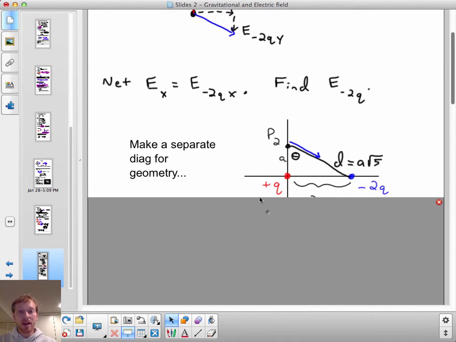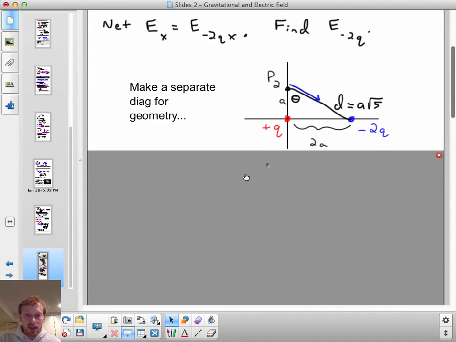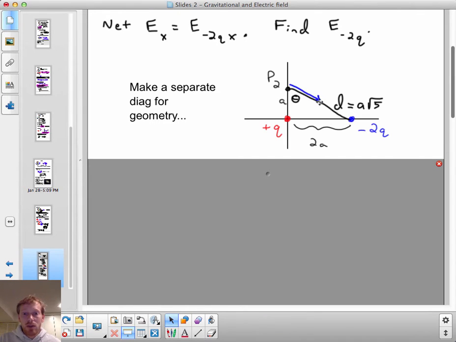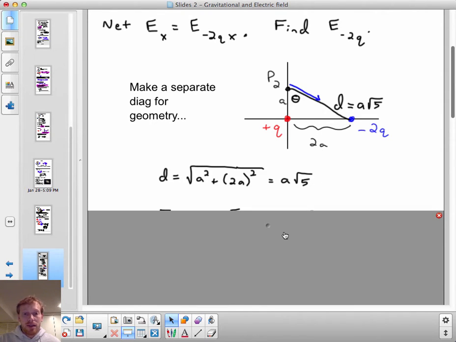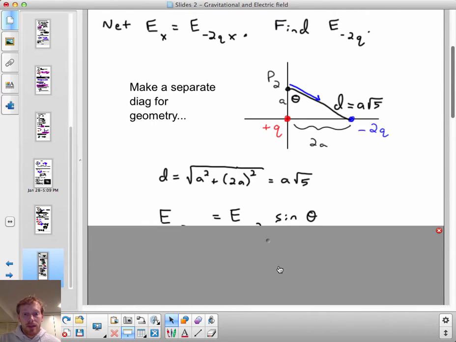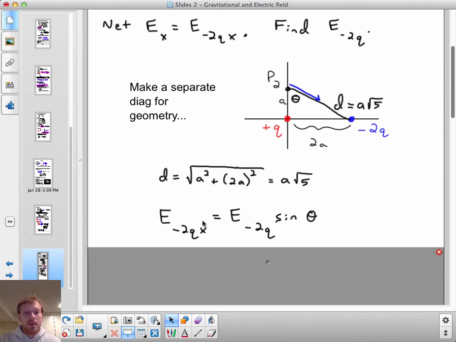I'm making a separate diagram here to keep track of the geometry. Okay, so here the actual distance, the d, is a root 5, because there's the distance a and there's the distance 2a. Okay, a root 5.